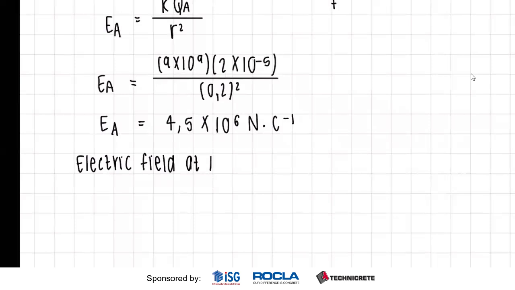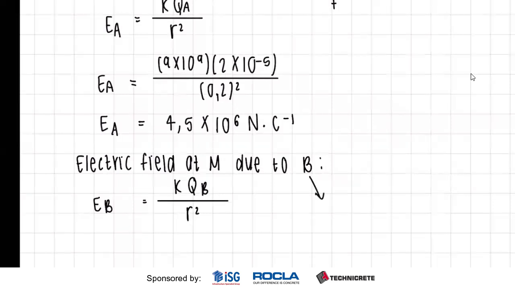Okay, and B, that is sphere B, obviously. Okay, we're going to do the same thing, but with the charge of B, not the charge of A. Remember, B is negatively charged, but we're not putting the charge into this one.